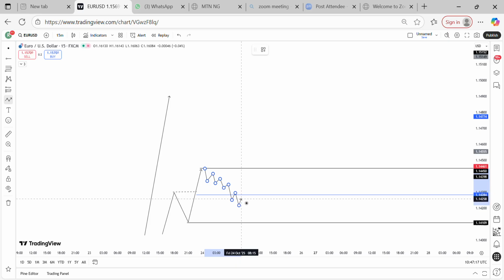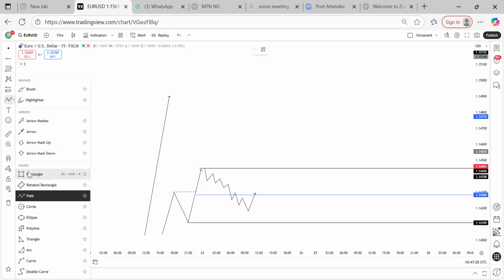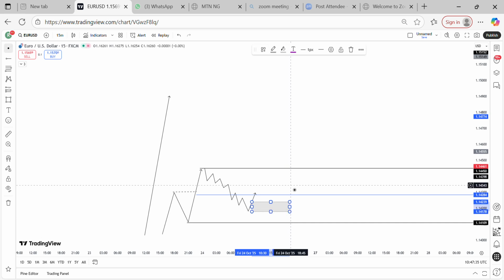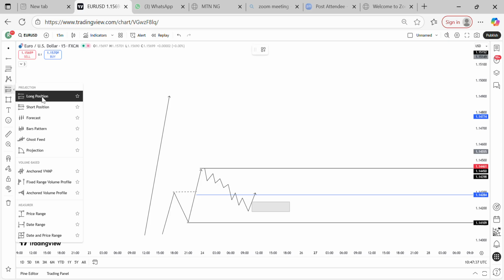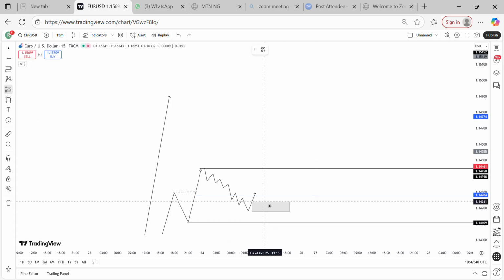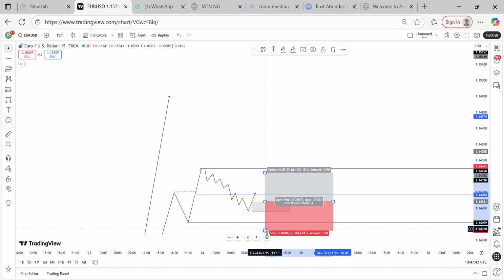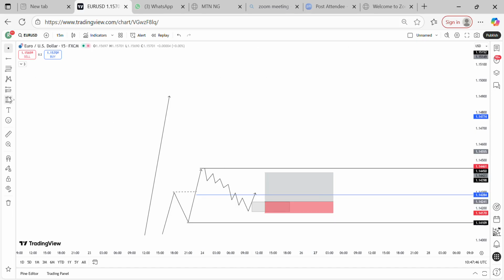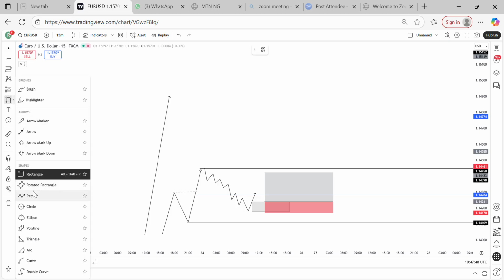So a bearish market structure until you get a change of character, right? The moment you get your change of character, you mark your order block. Then you place your buy from this point, because the market must surely come down to this point.